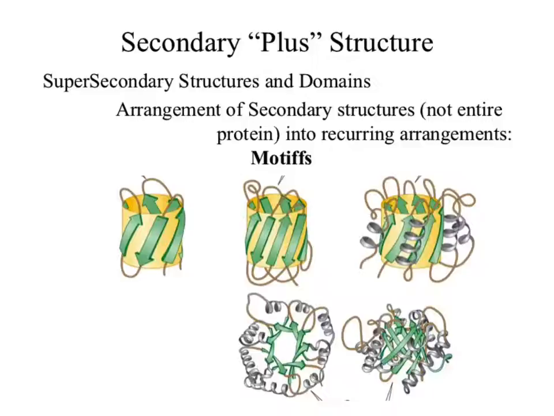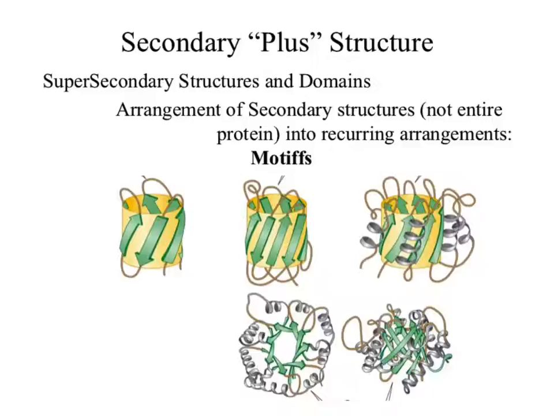What happens to the next one? I have alpha helices coiled on top of a beta barrel, which was made up of a beta sheet. That's not the entire protein, though. It's only a small section of it. So our secondary plus is starting to look at how some of our principal secondary structures can interact with each other to form larger structures, but not being the entire protein.